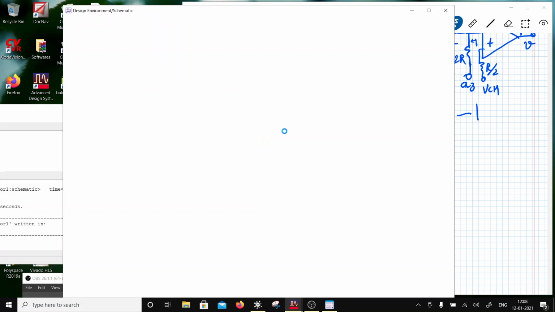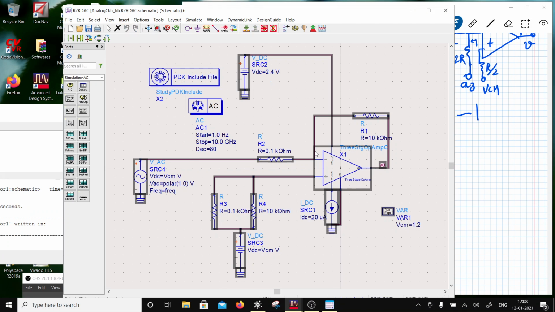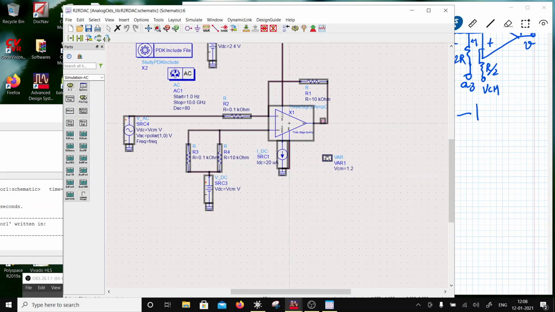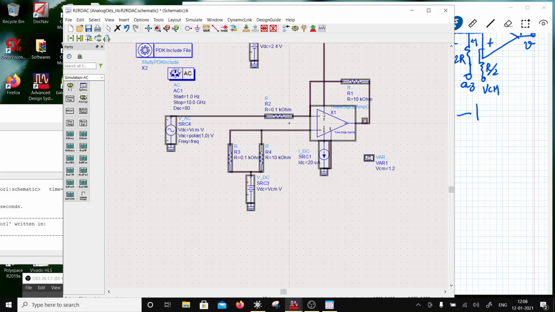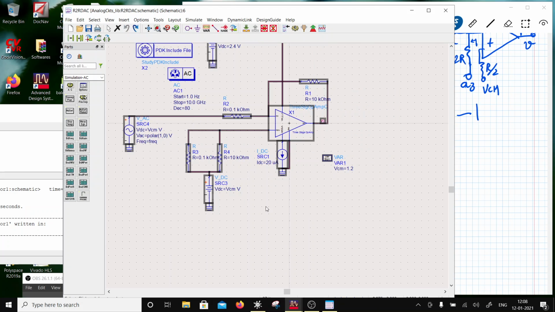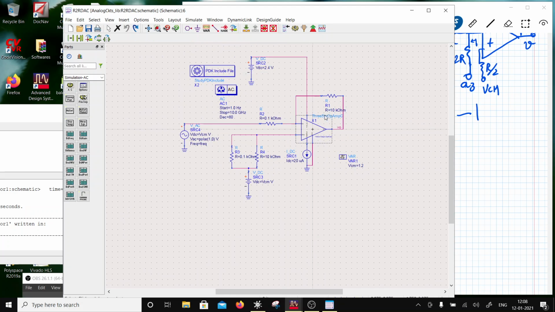So over here, I'm going to take this and just modify this. All I have to do here is delete this and make some adjustments.